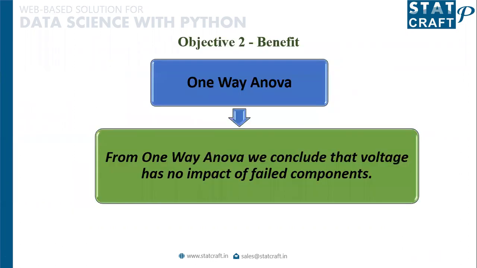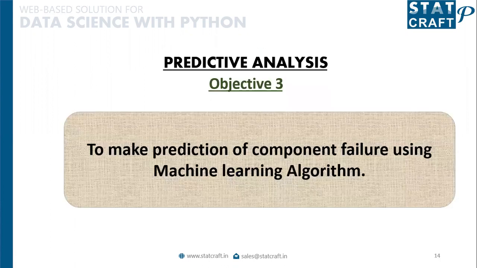Let's move on to the benefit. What is the benefit that we have been able to pull out through Oneway Anova? The benefit is, from Oneway Anova, we conclude that voltage has no impact on failed components. With this, I will move on to predictive analysis. We started off with exploratory data analysis, that is EDA.